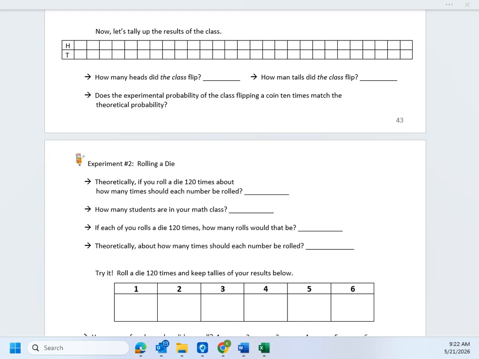And we're going to go in the same order because we're going to be doing this again with rolling dice. So when I call your name, you're going to tell me how many heads. Then we'll go back and you'll tell me how many tails. So we're going to start with the heads. We're going to go in order. Okay, so be paying attention so it doesn't take too much time. Audrey, heads. 5.